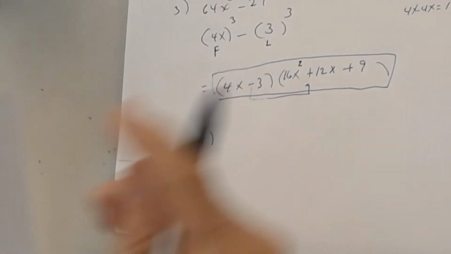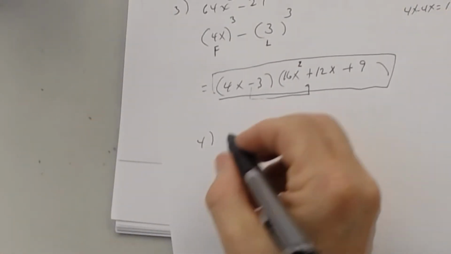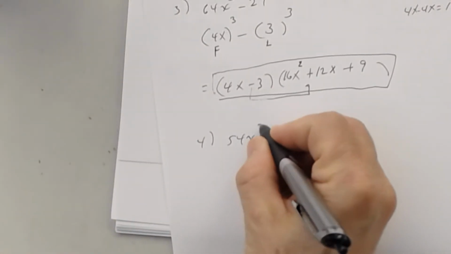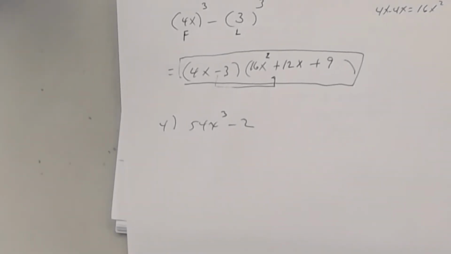All right, number 4. Suppose in number 4 I had 54x cubed minus 2. What's your GCF? GCF is 2, right?